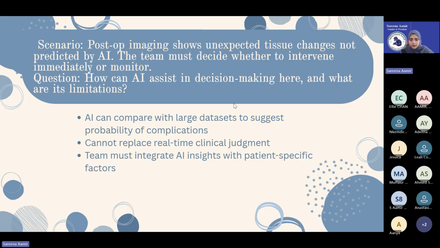And Adelina is saying, due to previous AI inaccuracy, relating to Ellie's point here, they cannot rely on AI output and must provide some sort of clinical judgment alongside AI assistance. In terms of the patient's medical history, the team of medics can assess it, as well as providing AI with patient information only with informed consent from the patient, in which AI can analyze data more quickly.